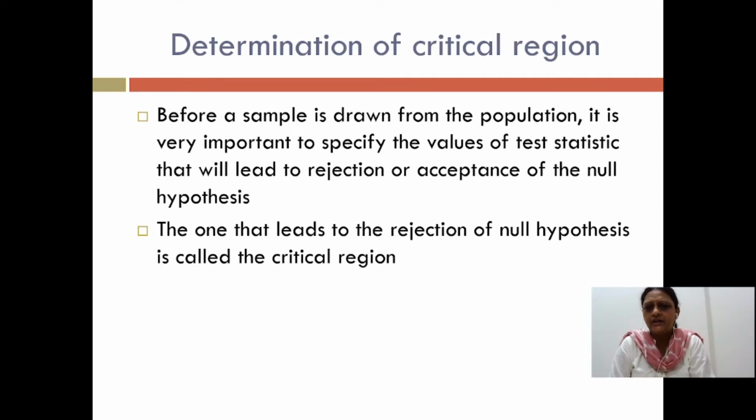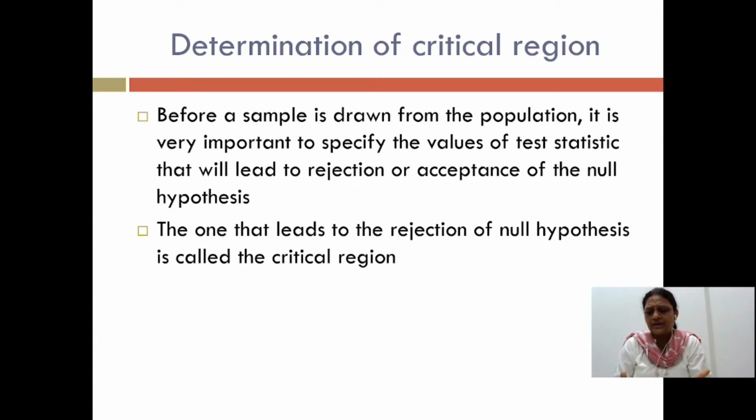Then it is required to determine the critical region. So what is the critical region? Before a sample is drawn from the population, it is very important to specify the values of test statistics that will lead to rejection or acceptance of the null hypothesis, right?